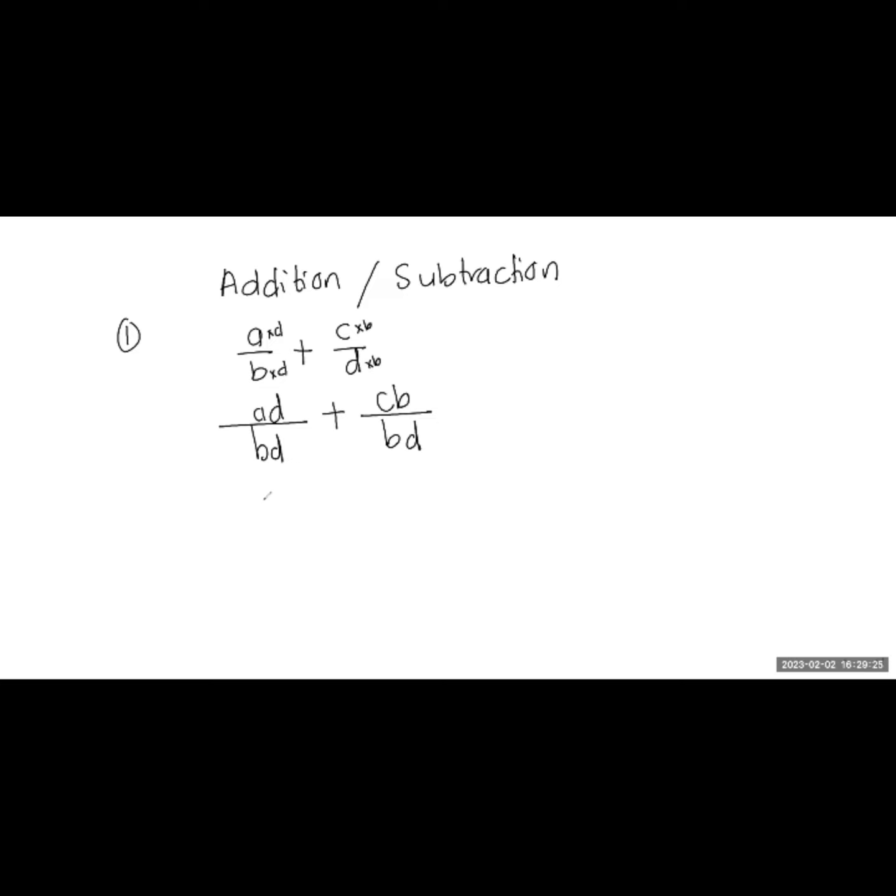You put a plus in between. And remember, now that the denominators are the same, we can add them. In this case, adding them means to put them in one fraction. Whether this was addition or subtraction doesn't really matter. The rule here is to find an LCD, lowest common denominator.